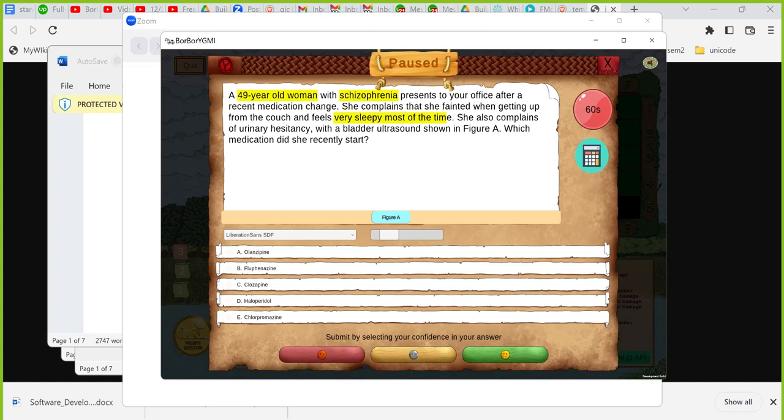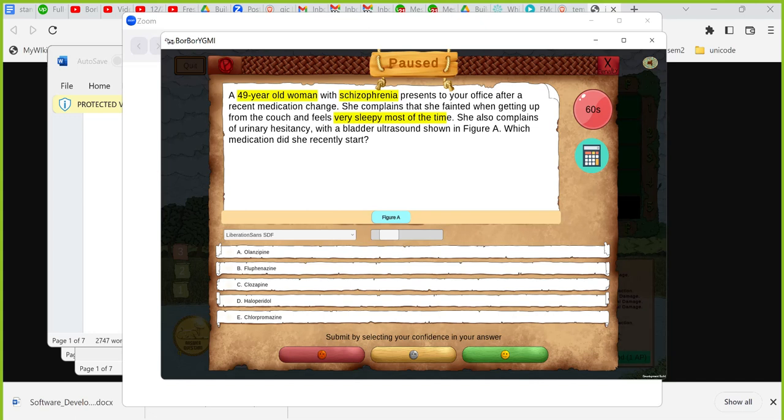So, which medication did she recently start, potentially? What is your first line drug in the US for schizophrenia? For us here in Africa, I think we use chlorpromazine. Oh, interesting. So it depends.